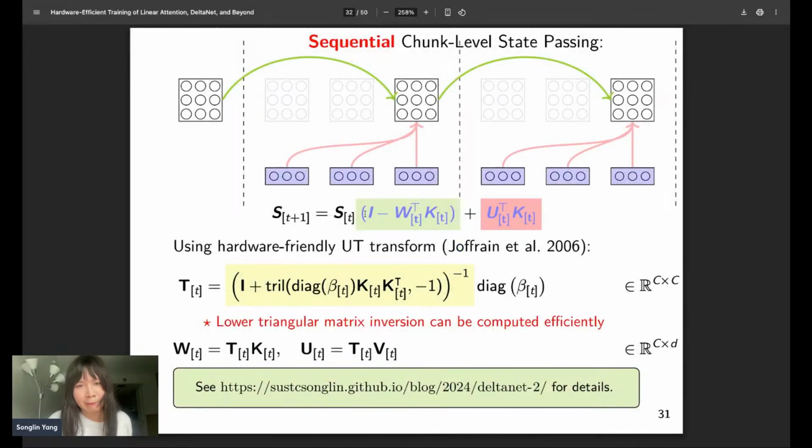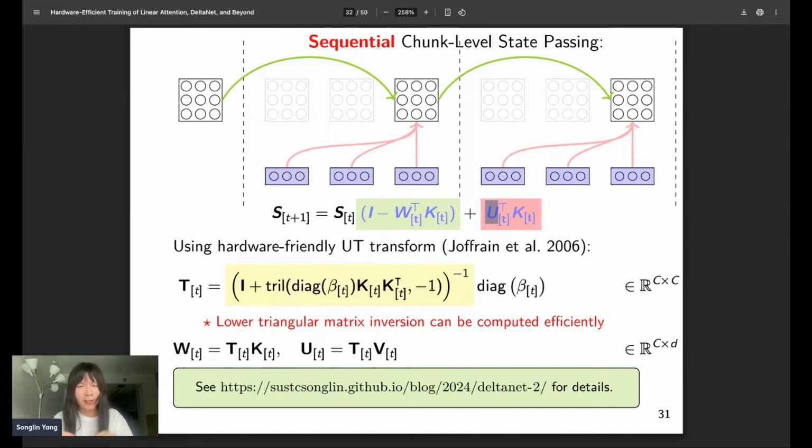And we can also write it in matrix multiplication form, so we can have this state update as a matrix multiplication. And also, we can leverage another well-known technique called the UT transform to compute this W vector and the input U vector in a very hardware-efficient manner.